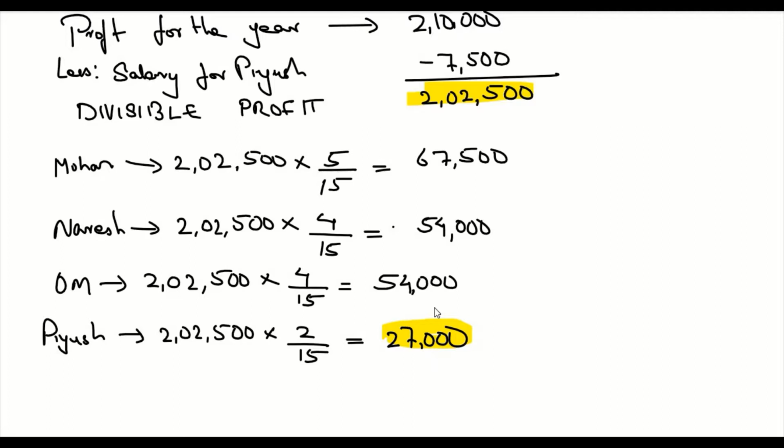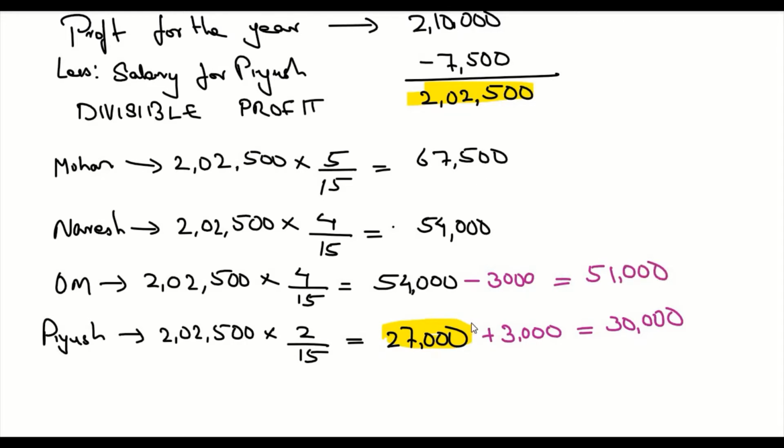So in order to make it 30,000, we need to add 3,000 to his profit. That is going to be 30,000. Now this has to be deducted from the person who has guaranteed this profit. So Om has guaranteed the profit. So this 3,000 will be deducted from his share of profit. So his share is going to be 51,000.